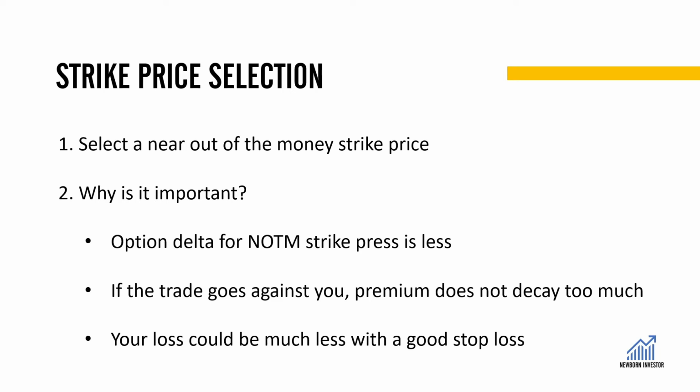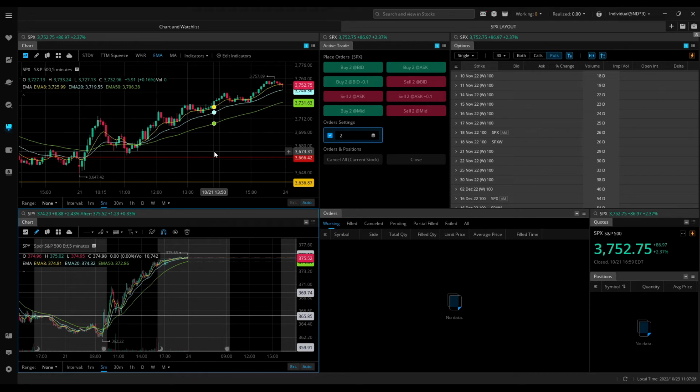So let's go back to Webull and check what an out of the money strike price is. If you guys have been watching my live trades, I've been trading SPX for a while now. Earlier I used to trade Tesla, but lately I have moved completely to SPX. If you look at the SPX chart, the last closing price of SPX is around $3,752.